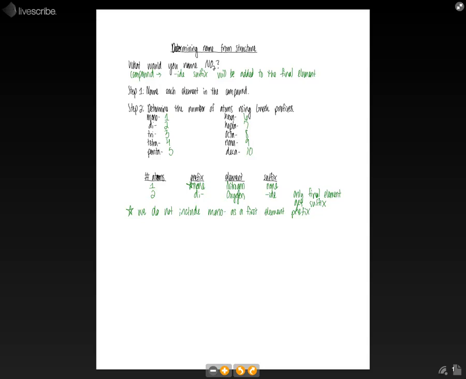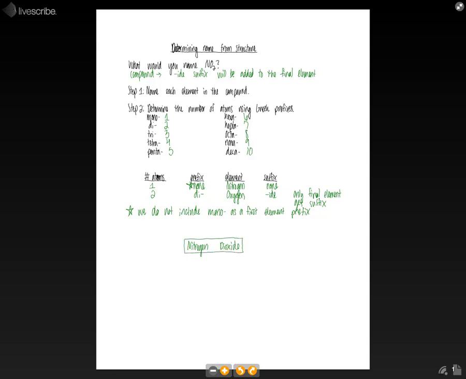And this is only the case for mono and the first element. And so given this, our name is just going to be nitrogen dioxide, which we can see from the little chart that we put together above.